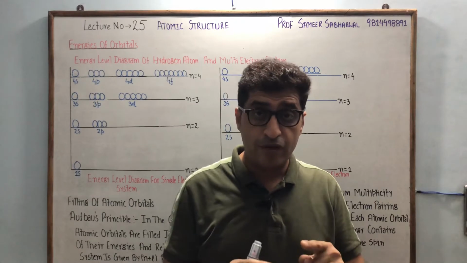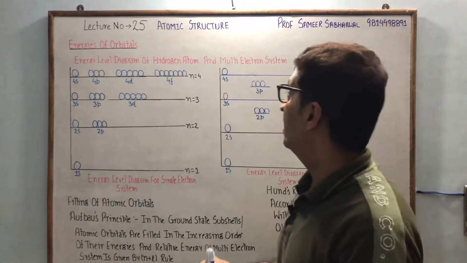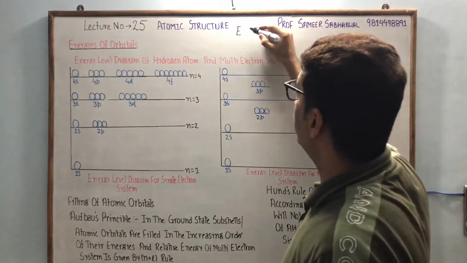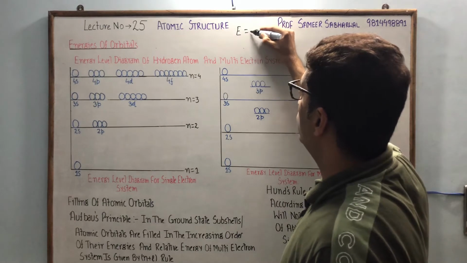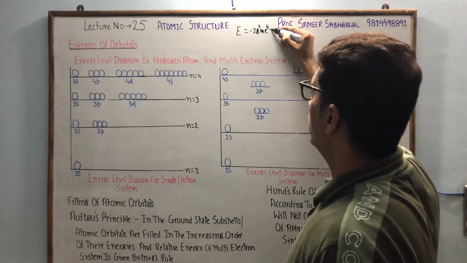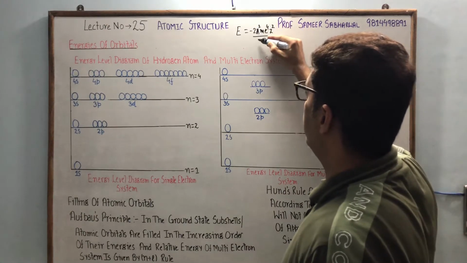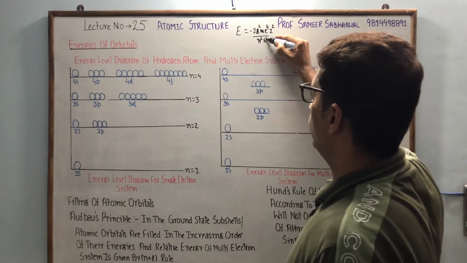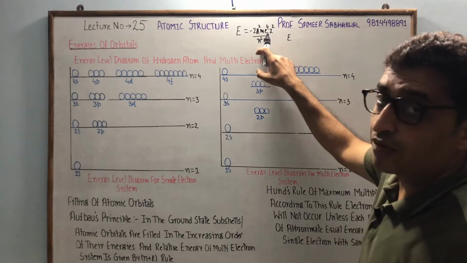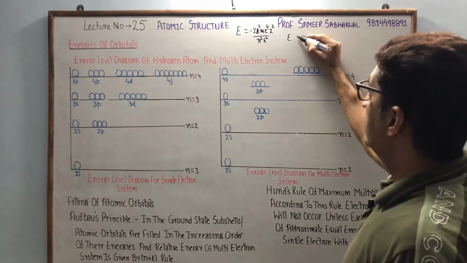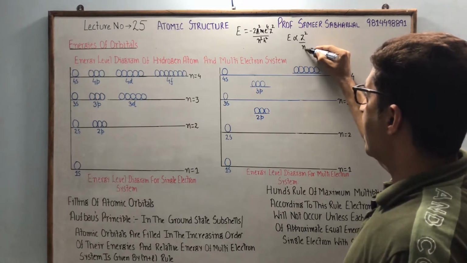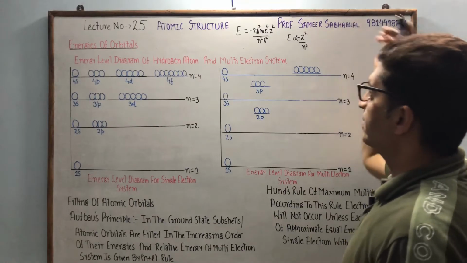We got this information from Bohr's model, that the energy of a shell is equal to minus 2 pi square m e raised to power 4 z square divided by n square h square. So it is very clear that the energy of a shell, where n represents the number of the shell, is proportional to z square by n square with a negative sign.